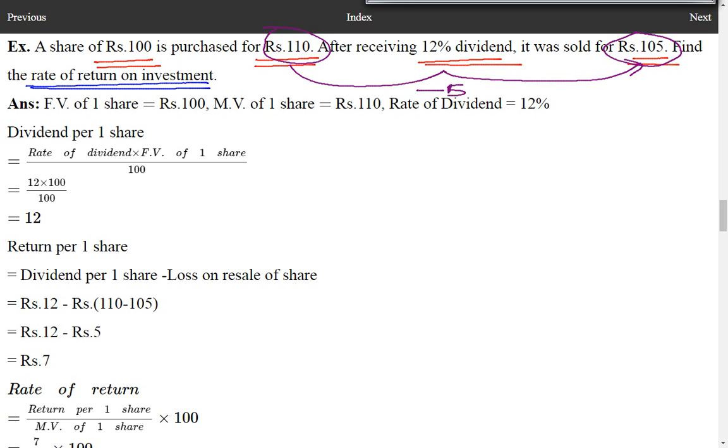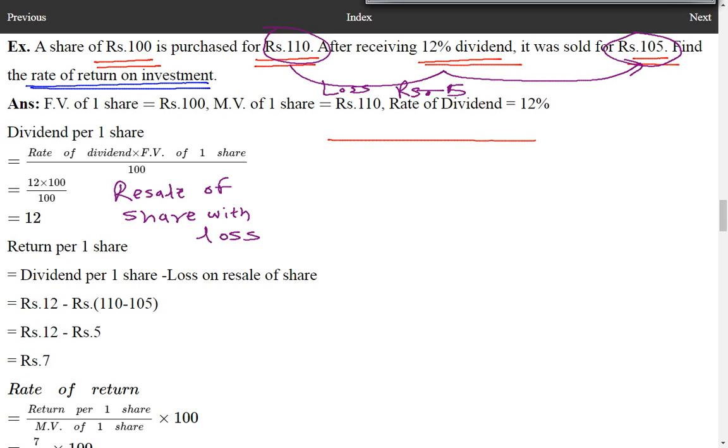This difference, 105 minus 110, is minus 5. So there is a loss of rupees 5. Resale of share with loss.